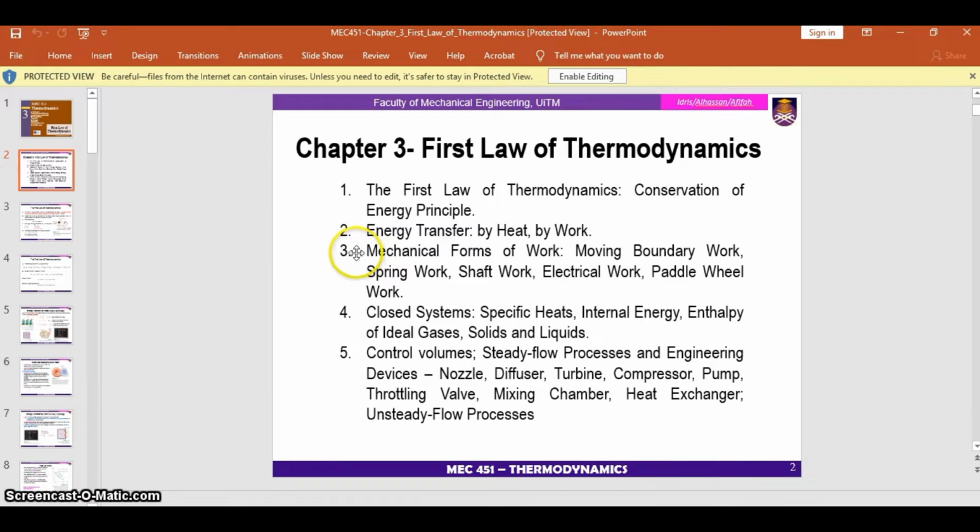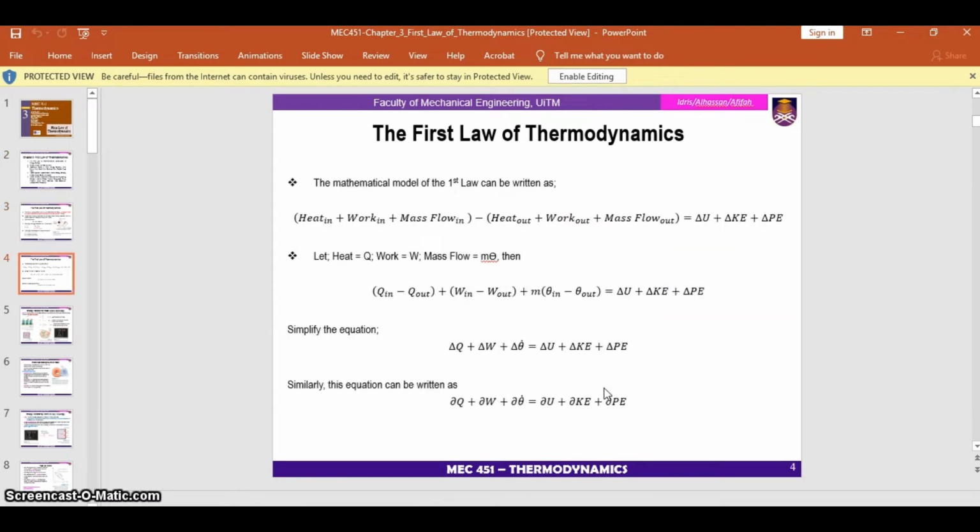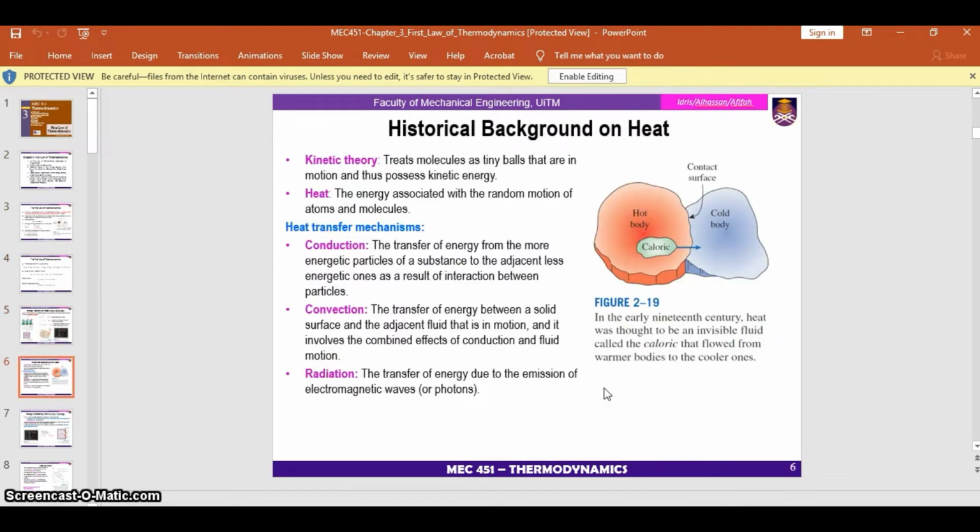Maybe on number 3, I will discuss in more detail after this. You have also seen number 4, which is about the first law of thermodynamics, but we focus on the closed system.